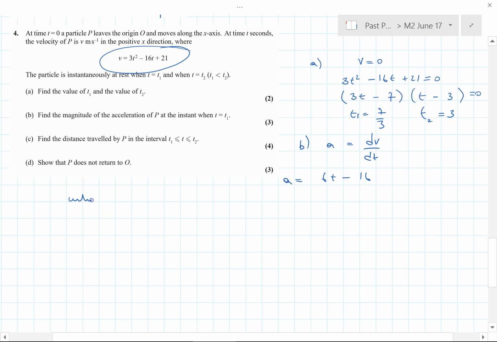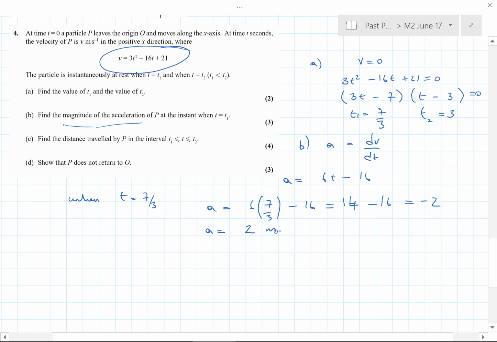So when t is equal to t1, which is 7 over 3, we've got acceleration is equal to 6 times 7 over 3, take away 16, which is equal to 14, take away 16, which is equal to minus 2. Be careful though, it talks about the magnitude of acceleration, so we definitely need a positive answer.